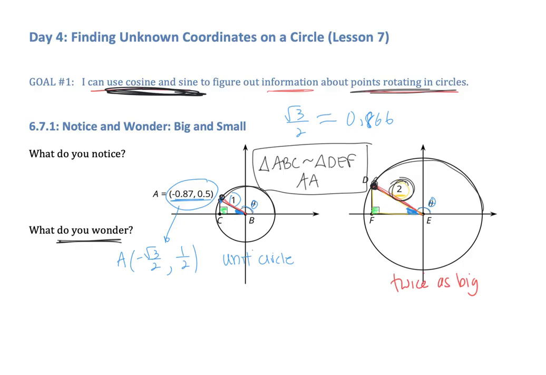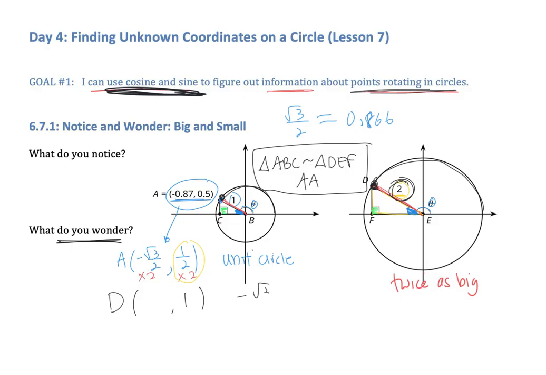But how could I find D specifically? Well, I hope that you realize I can just take the x coordinate and multiply it by 2, and I can take the y coordinate and multiply by 2 because it is twice as big. So we're just making those values twice as big. Let's do this one first. 1/2 times 2, that one's a little bit easier. So 1/2 times 2 is 1.